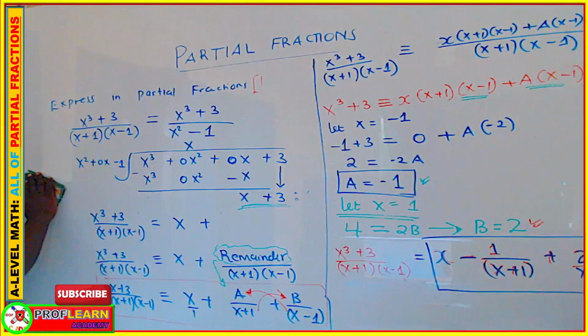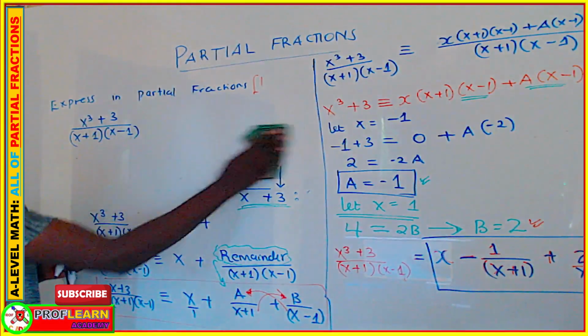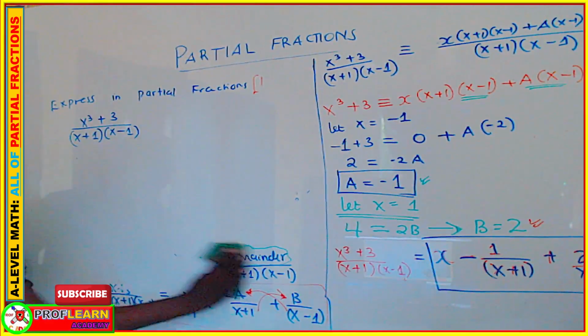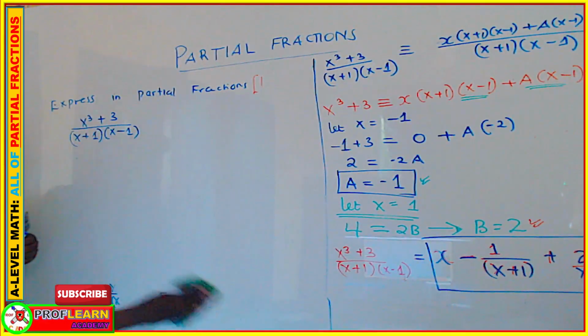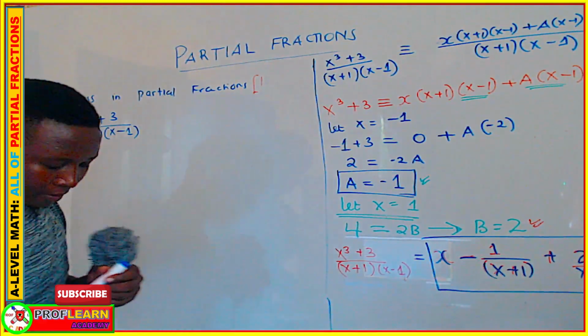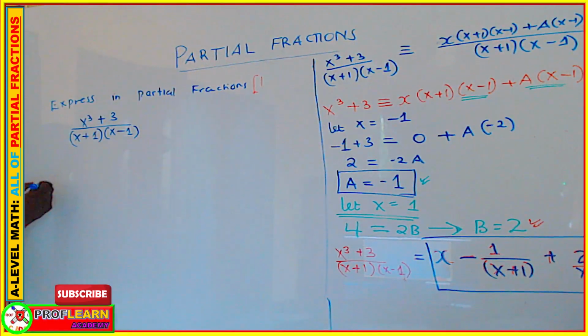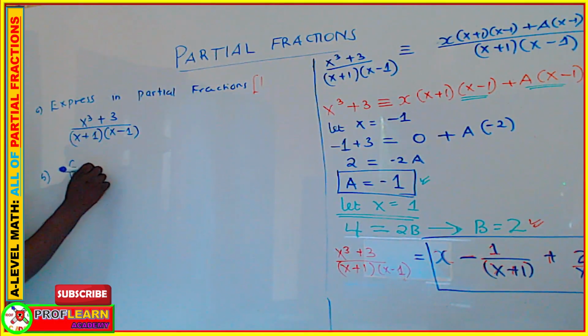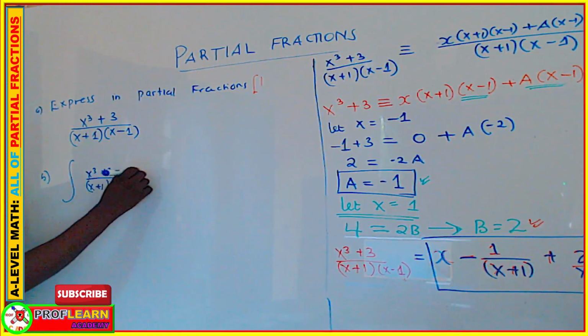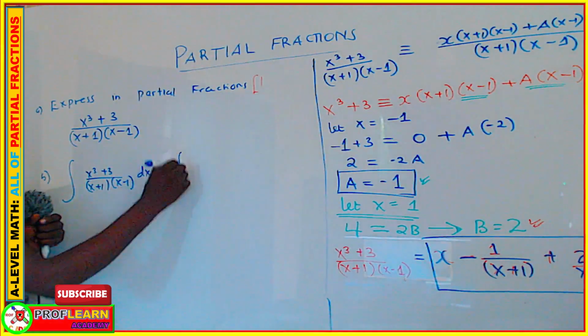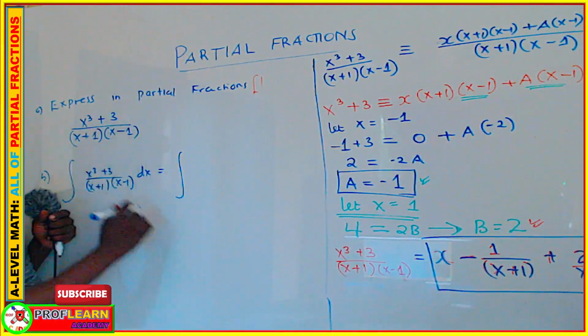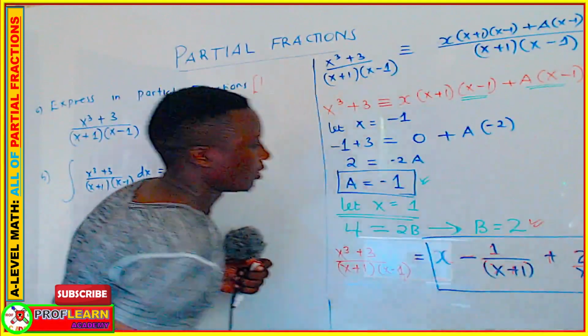Let me just make up that question, because in exams you may be told to use partial fractions in order to integrate. For instance, if this is part A, part B, you are told to now integrate (x cubed plus 3) over (x plus 1)(x minus 1). You know that to integrate this, you must have expressed it as partial fractions.